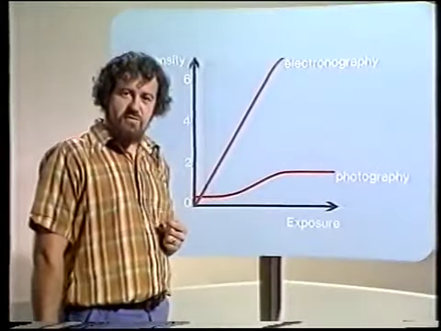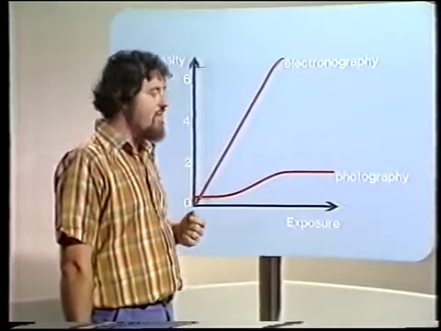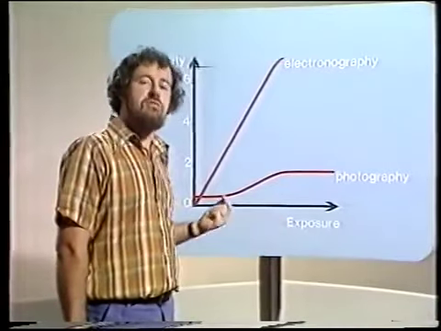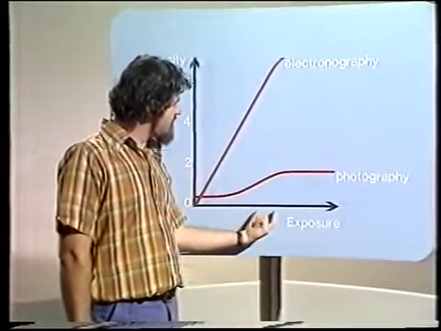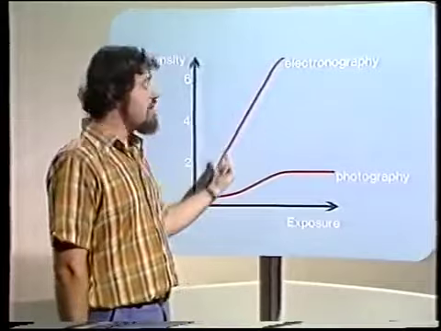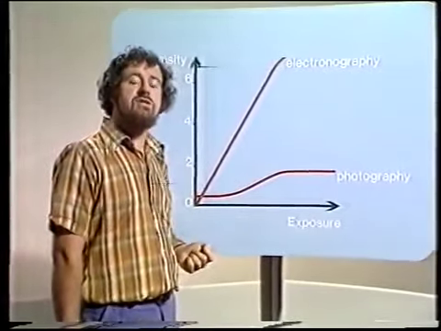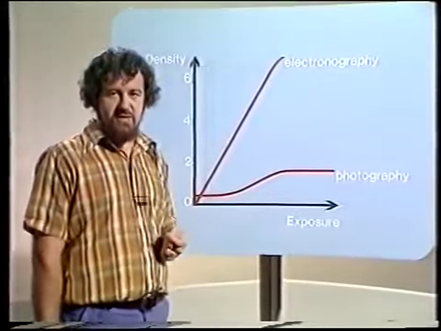The second advantage I want to draw your attention to is the greater dynamic range of electronography. Now, by dynamic range, I mean the range of change in exposure over which you get a useful change in density. In the case of photography, the ratio of exposures is really quite small for that, whereas in electronography, it's really quite a lot. This is of use when you've got an object in which the intensity varies tremendously from the periphery towards the center.